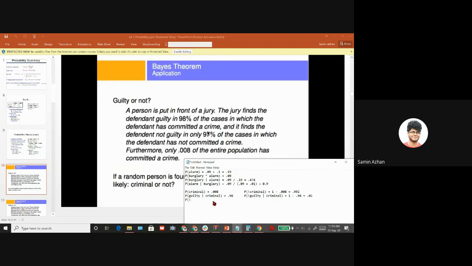The probability of not guilty and not committed a crime, so not a criminal, equals 0.97. So the probability of guilty given not a criminal should be 1 minus 0.97.